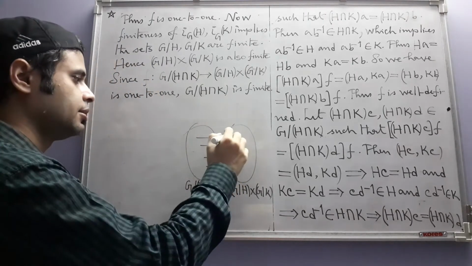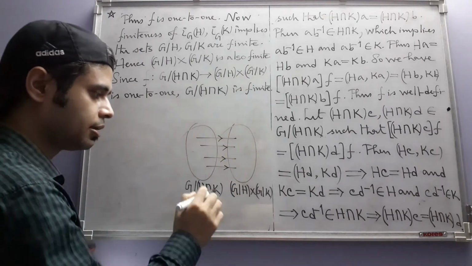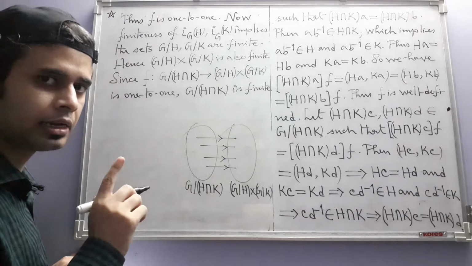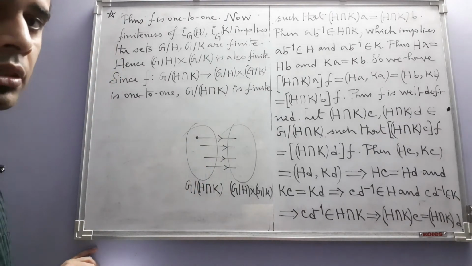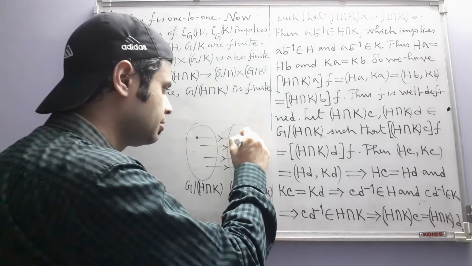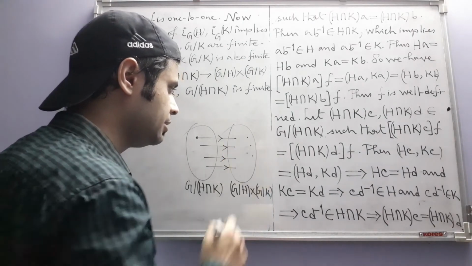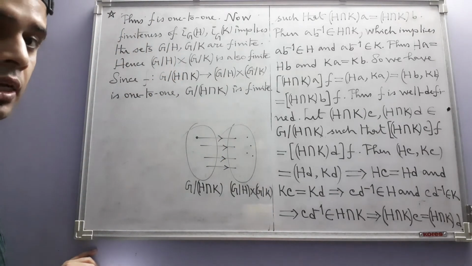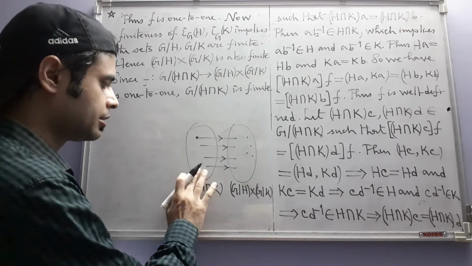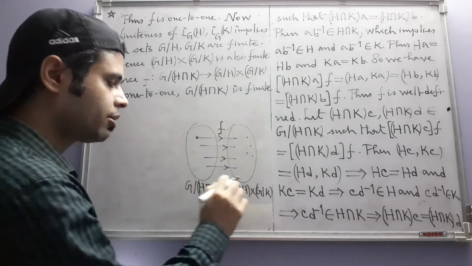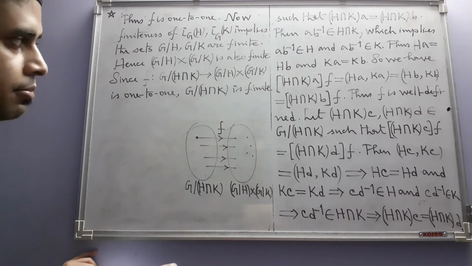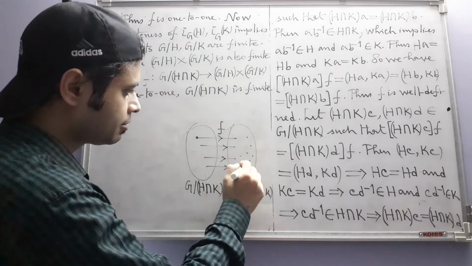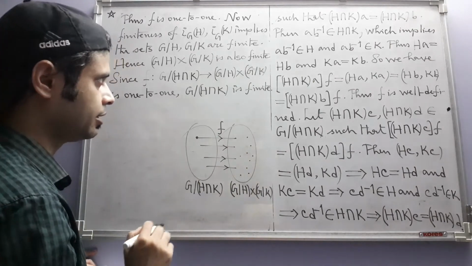So that means every element in the second set has at most one input from which it is coming. I am saying at most because there may be some elements which are not outputs of any input. In other words, the function f may not be onto. We have only proved that it is one-to-one.